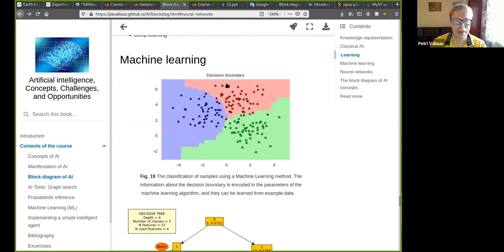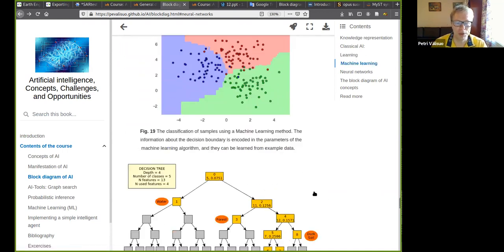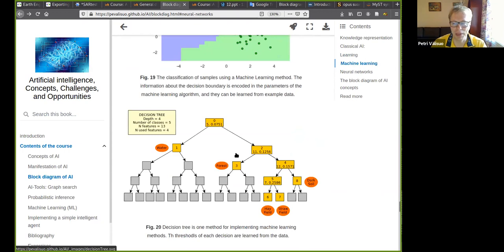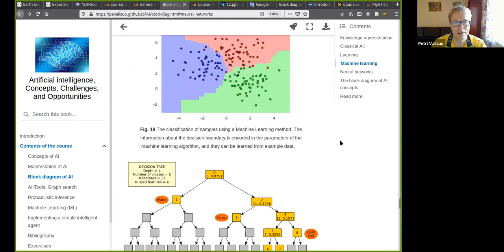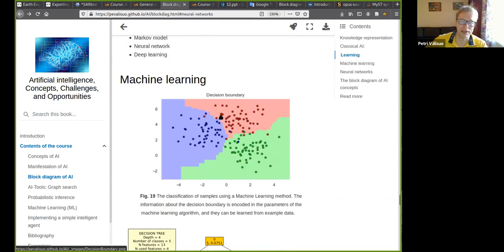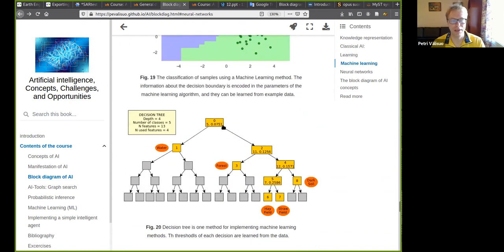And actually, these decision boundaries have been made using decision trees, but there were plenty of them. It was called a random forest method. So there were plenty of these small decision trees which created these decision boundaries. So the information related to these decision boundaries and to solving this problem was encoded in these nodes: which feature we compare and what is the threshold.